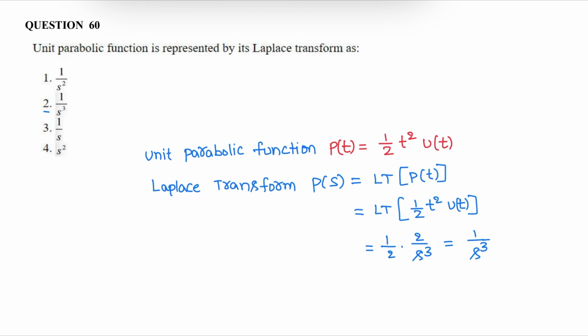So we know that Laplace transform of t power n is equal to n factorial by s power n plus 1. So here n value is 2, 2 factorial by s power 2 plus 1, that is 2 by s cube. So the 2 gets cancelled, we will get 1 by s cube.